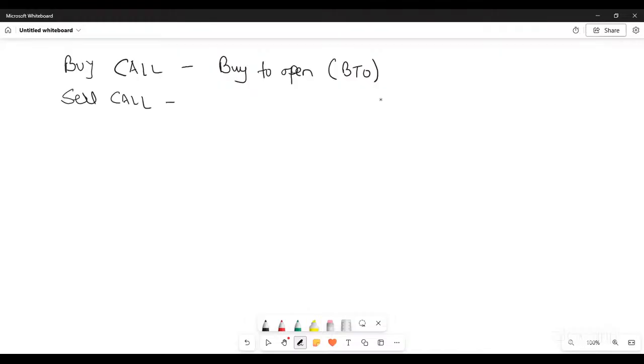We had bought it. When we are making money, then we will sell this call. So first it was buy to open. Now it will be sell to close. STO. Where's my pen?